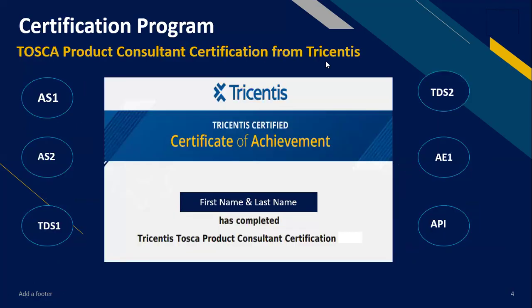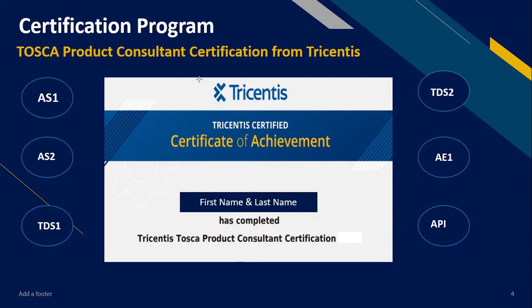Tricentis Tosca provides certifications. This is not a certificate from our institute; these are certificates you will get completely from the Tricentis company side. That is why you can see the Tricentis logo here. We'll take the certification program.